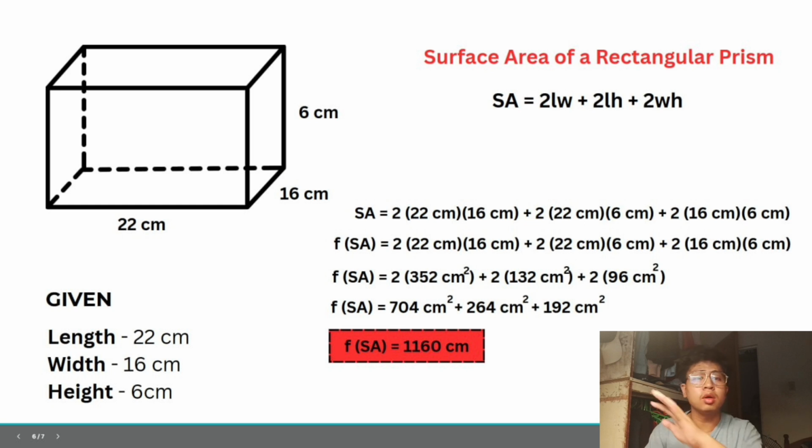And we put that all into the processing area, which was solving, until we were able to create one output, which is our answer, 1,160 centimeters squared. Remember, an output can have many inputs, but only one output can be made from each input taken.